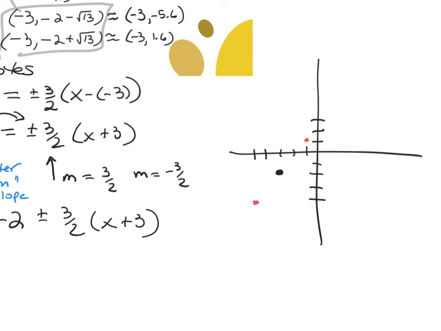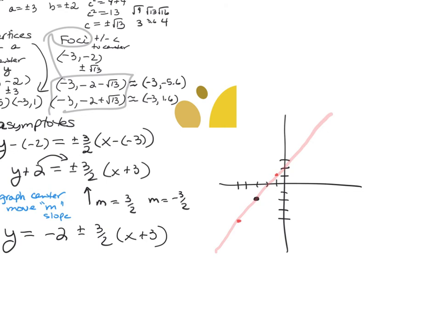So here is my first asymptote. And this is the equation when it's positive. Then when it's negative, I could go down 3 and then over here to the right 2, or I could also go up 3 and to the left 2.